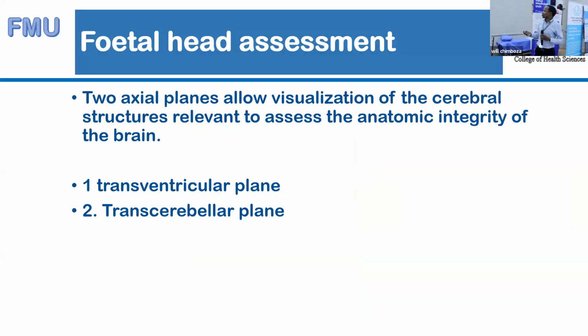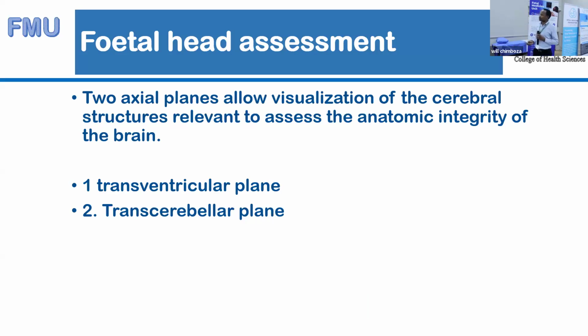So for assessment of the head, two axial planes allow visualization of the cerebral structures relevant to assess the anatomic integrity of the fetal brain. We have the transventricular plane, and then we have also the transcerebellar plane. There's also a transthalamic plane that we can use, especially to measure the fetal head circumference.